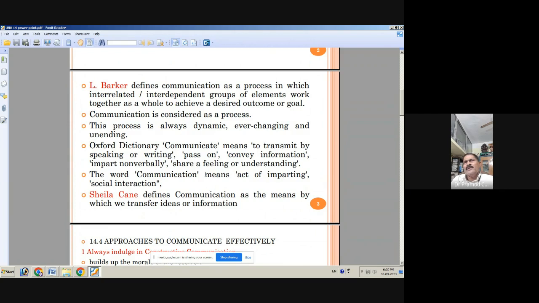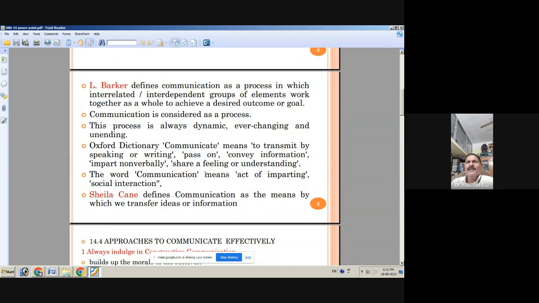Why? It is interdependent. Why? Because we always find groups, and each and every group is in the organization. They must fulfill the aims and objectives. They desire to achieve certain outcomes.